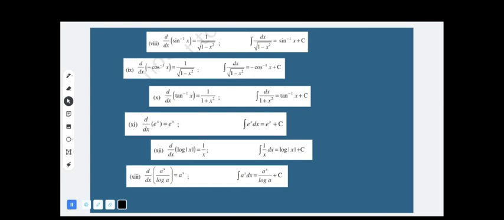Then moving to the next formula. Differentiation of sin inverse of x is 1 by root of 1 minus x square, whereas integration of 1 by root of 1 minus x square is sin inverse of x.